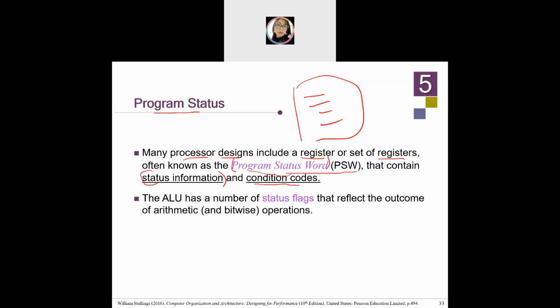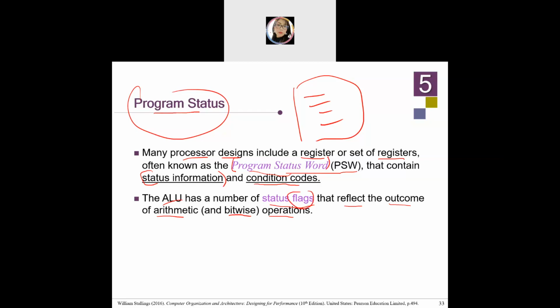The ALU has a number of status flags that reflect the outcome of arithmetic and bitwise operations. So how can you see the status of your program? One of them is under your ALU, which is your flag status.